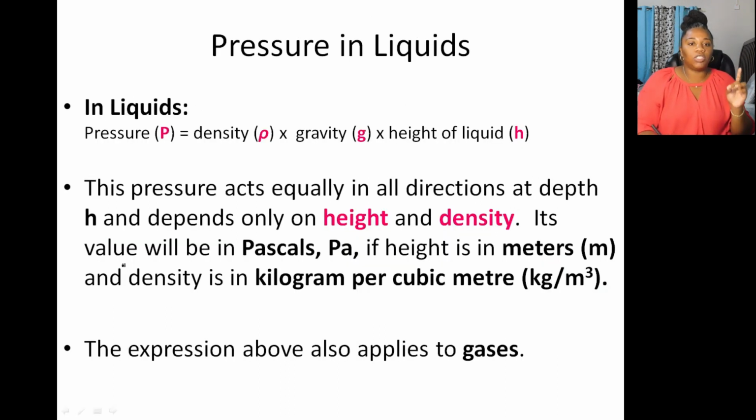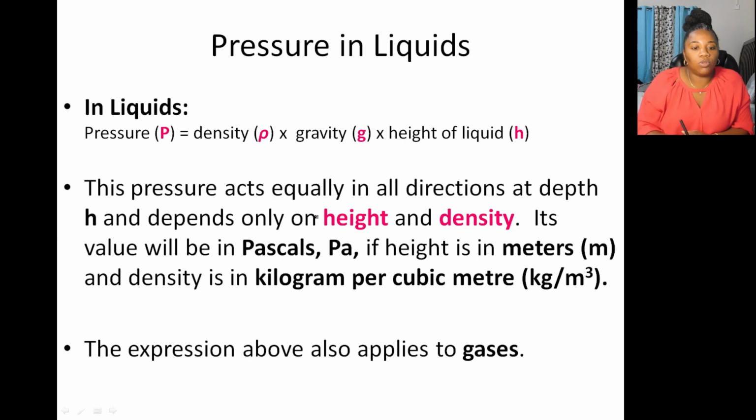Now the pressure in liquids, we don't use pressure equal to force over area when it comes to liquids as a whole. We use pressure equal to density times gravity times height. Okay? And this pressure acts equally in all directions at depth h.